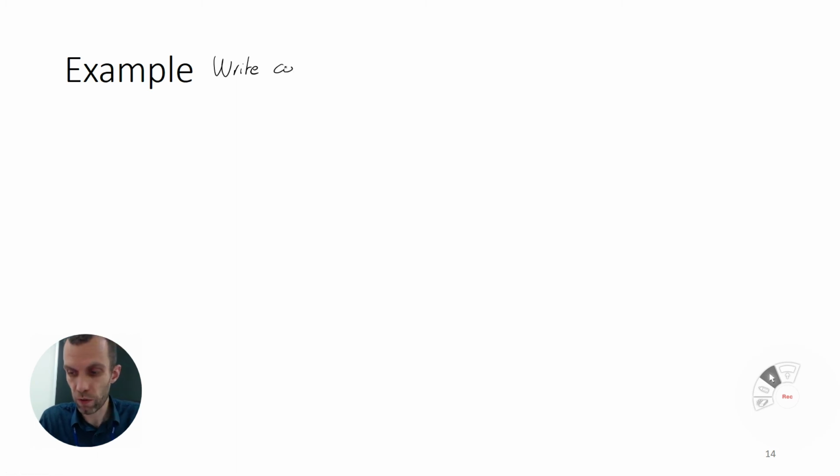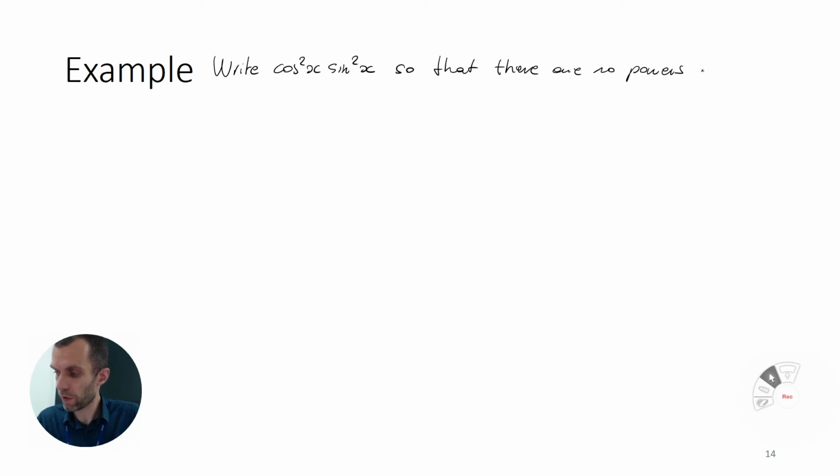So write cosine squared x times sine squared of x, so that there are no powers of cosine or sine. So basically what I want to do is I want to get rid of these exponents in this expression, and I have to use my formulas to get there.